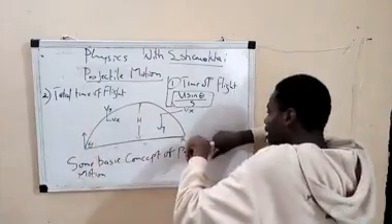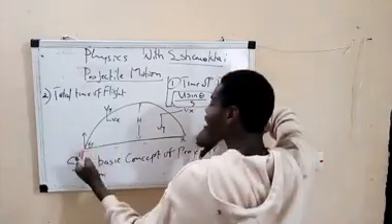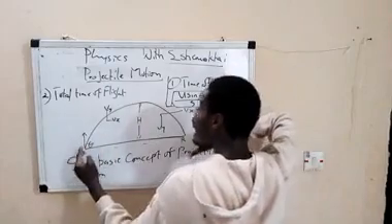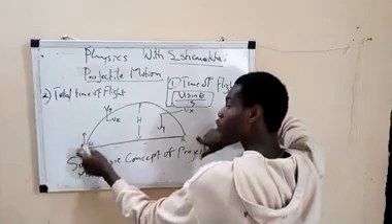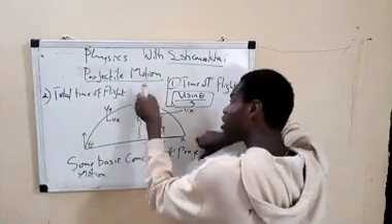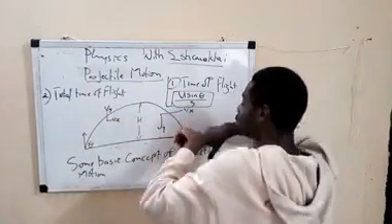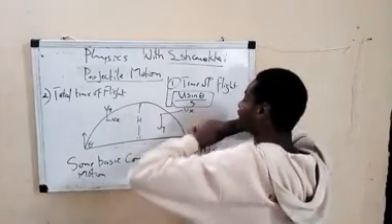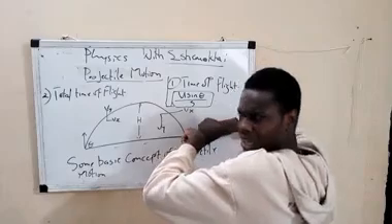The time it takes a projectile to move from its place of projection to its maximum height, which is here, then come back to the place of projection or to its starting point. Are you getting me here now?